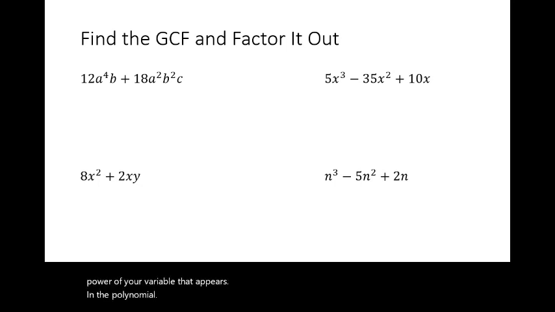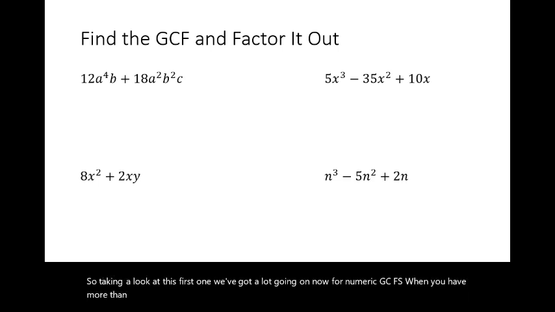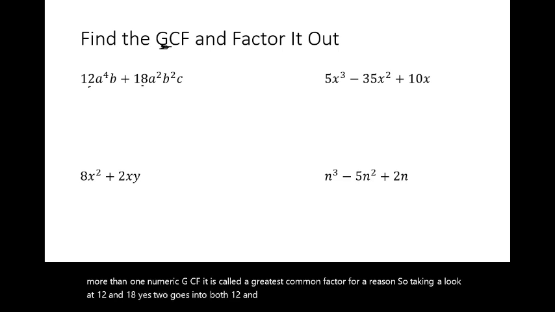So taking a look at this first one, we've got a lot going on. Now, for numeric GCFs, when you have more than one numeric common factor, it is called a greatest common factor for a reason. So taking a look at 12 and 18. Yes, 2 goes into both 12 and 18. However, there is a larger number that also goes into both 12 and 18.